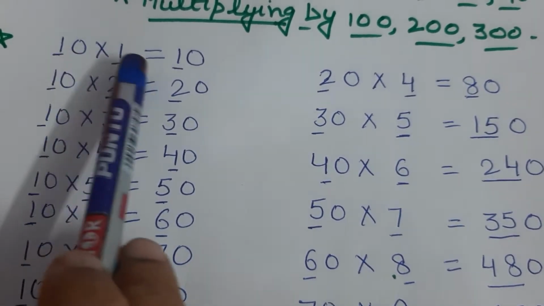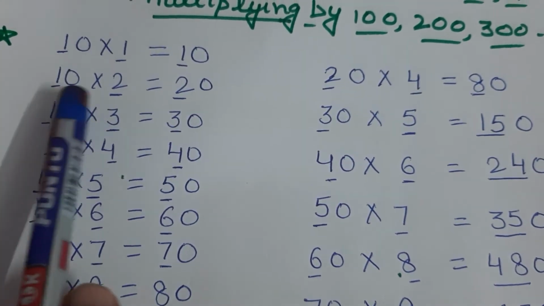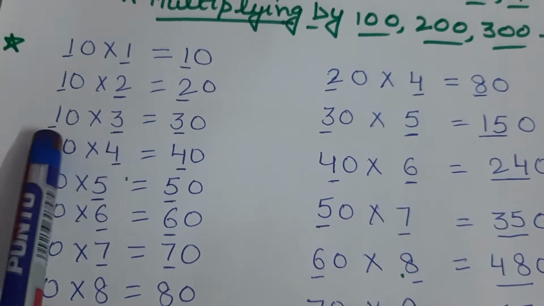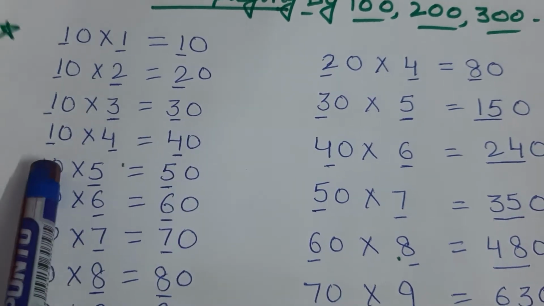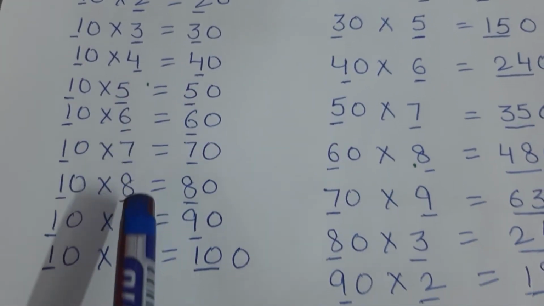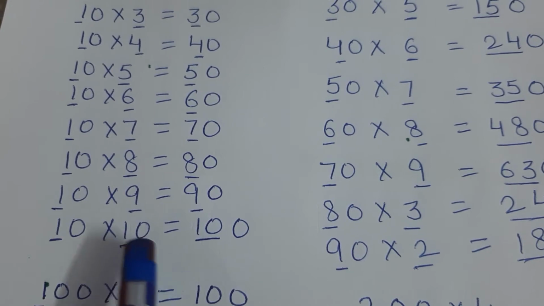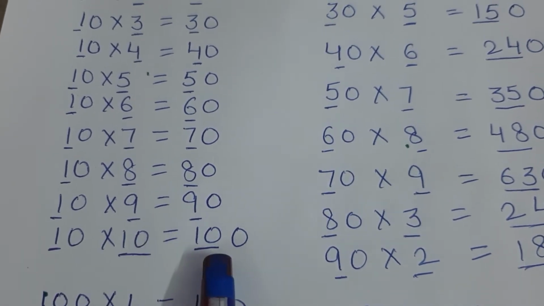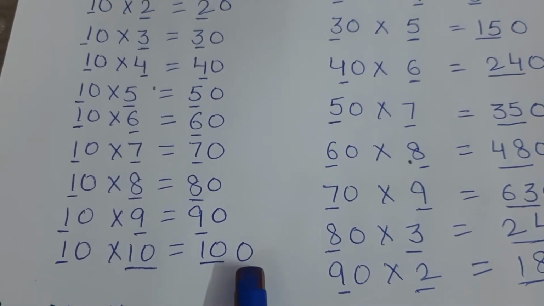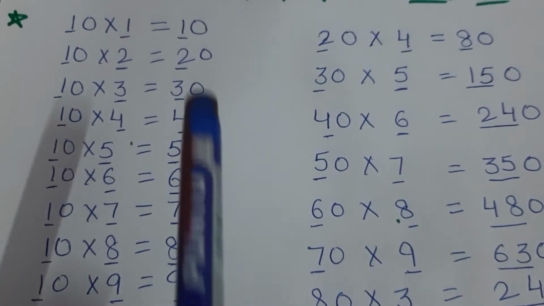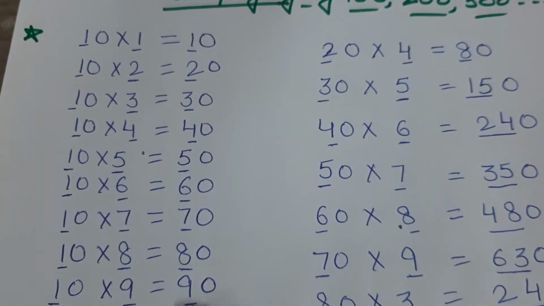See, 1 one is 1, 1 two is 2, 1 three is 3, 1 four is 4, and so on up to 1 ten is 10, and with that 0. Okay, so this is the pattern.